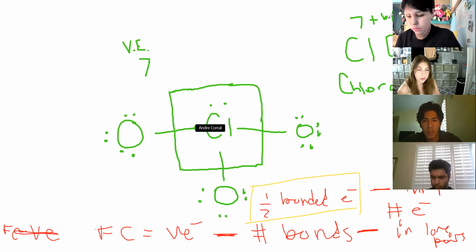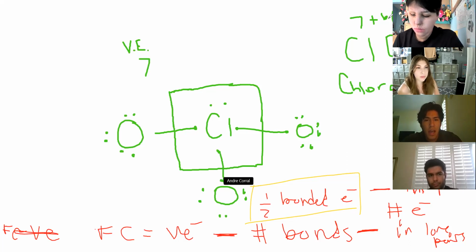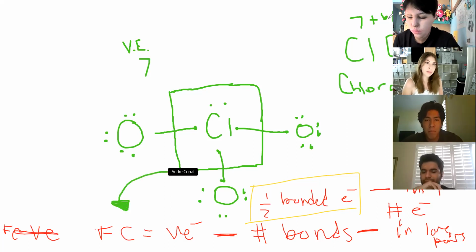At the end of every bond is an electron, so there's an electron here, here, and there. And what we're doing here is exactly the same thing that Corina was saying. It's perfect if you memorize it either way, whatever suits you best, because we're doing the exact same thing.